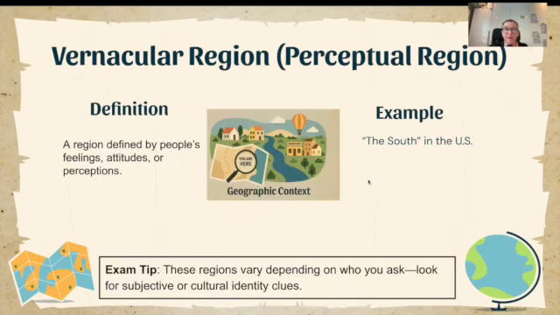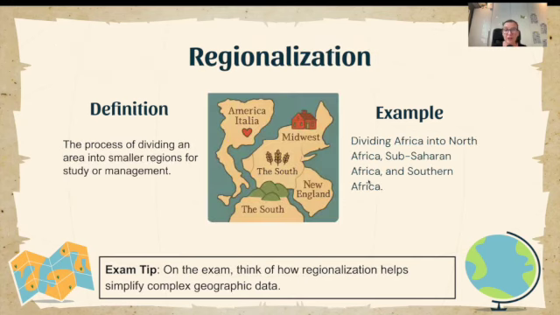Okay, vernacular region, perceptual region. This is a region defined by people's feelings, attitudes, or perceptions. The South in the US. So, for example, these regions very much depend on who you ask. So look for subjective or cultural identity clues. Regionalization. The definition is the process of dividing an area into smaller regions for study or management. For example, dividing Africa into North Africa, Sub-Saharan Africa, and Southern Africa.